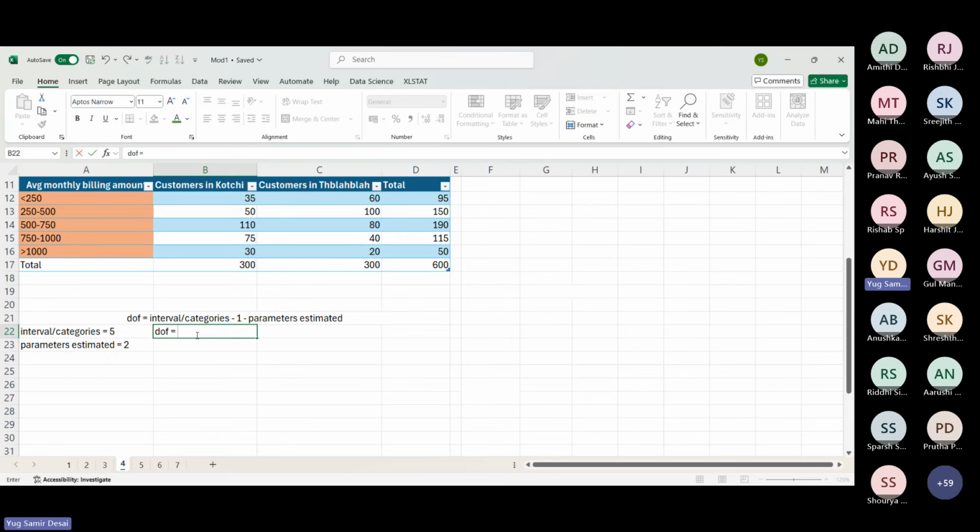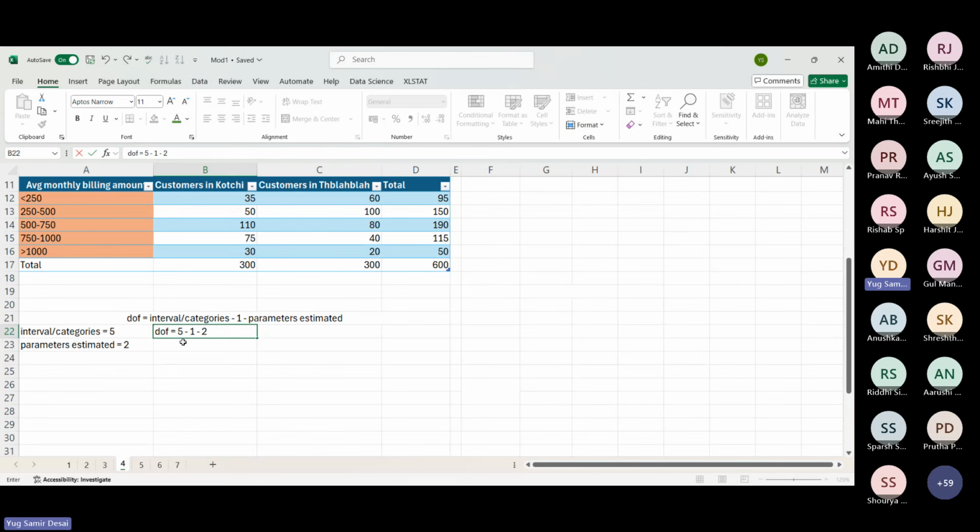So first, you start with the total number of intervals that were there. You subtract 1, and then you subtract for how many parameters they were estimated. So these are for 2 places. If there had also been another place like Mumbai, another for Bangalore, another for Delhi, keeping in mind the intervals or categories, the degrees of freedom can never be 0.